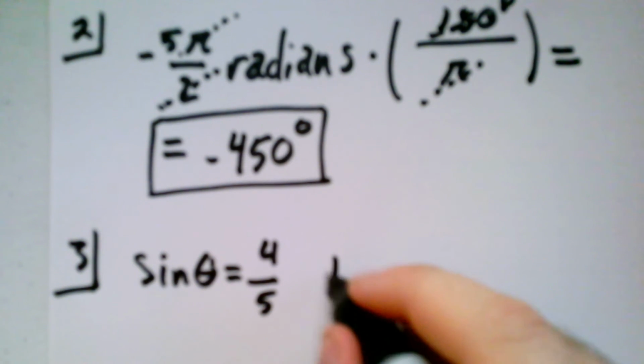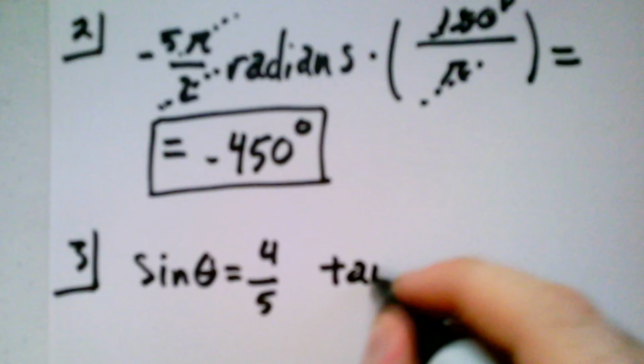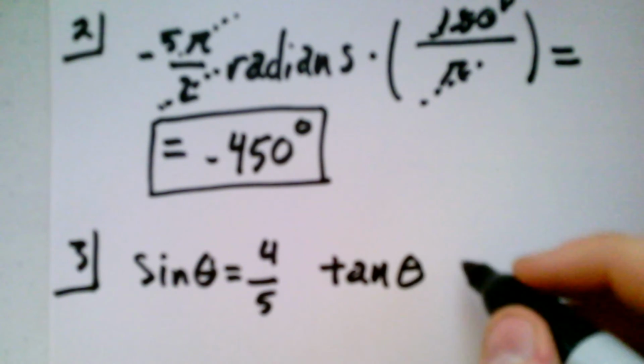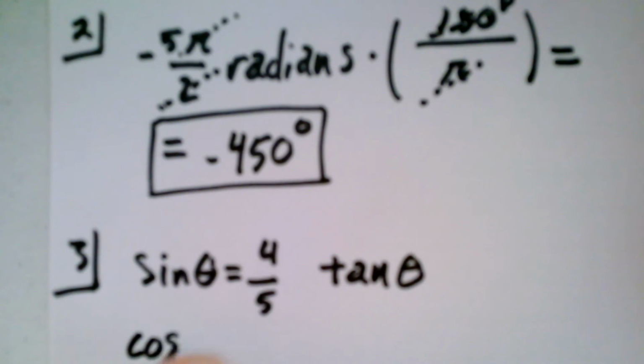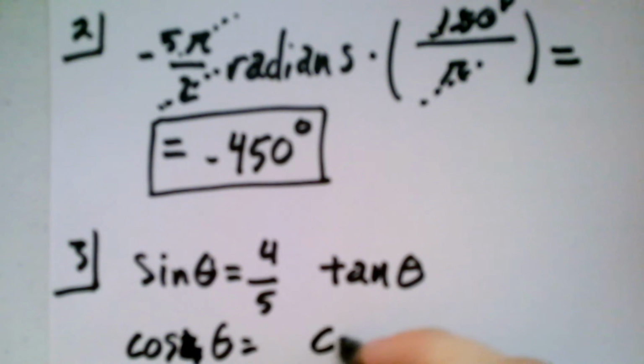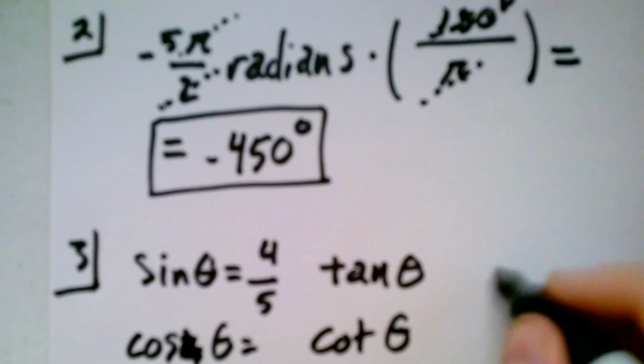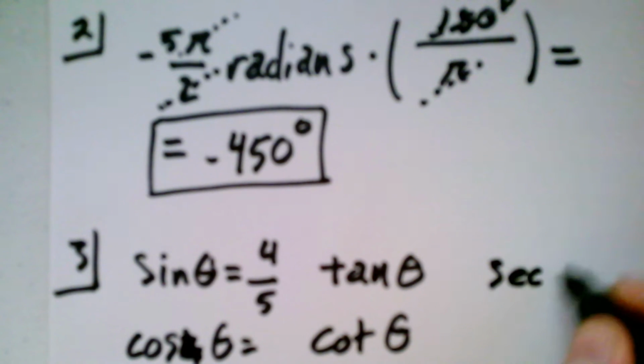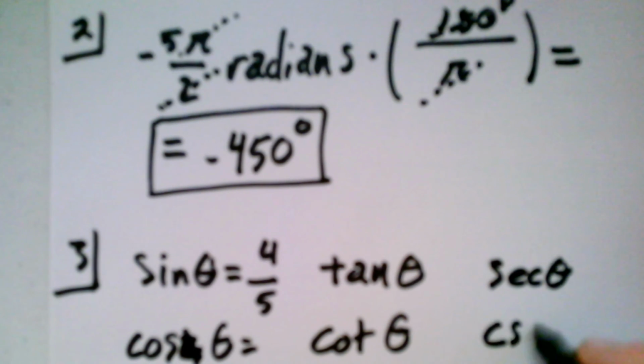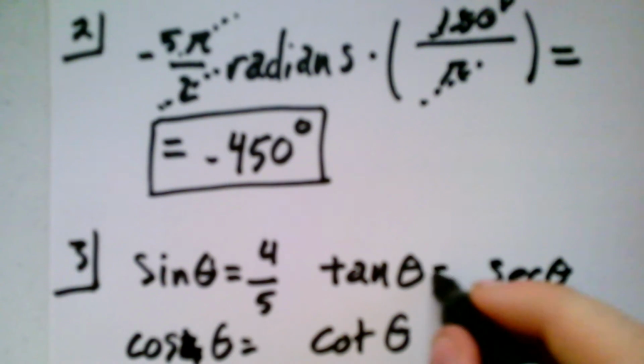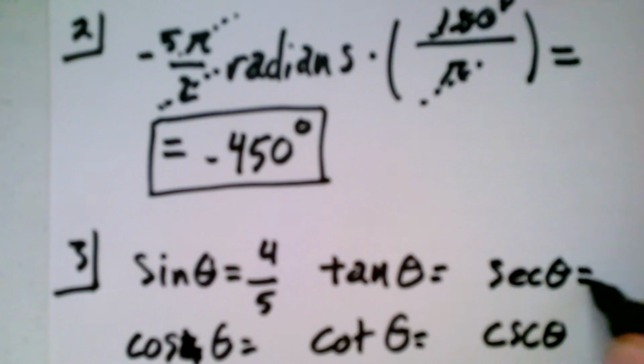So we want to find tangent of theta, cosine of theta, cotangent of theta, secant of theta, and cosecant of theta. Okay, so how would we do this?